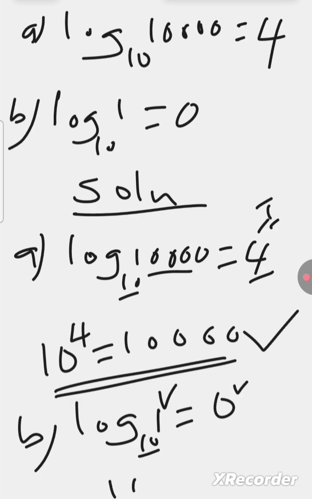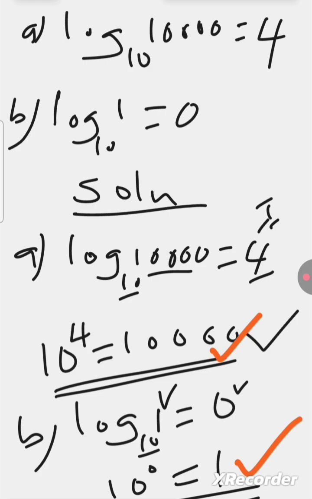So we start with our base, which is 10, power the index, that is 0. So 10 power 0 equals 1. And that's how simple you write these numbers in index form.